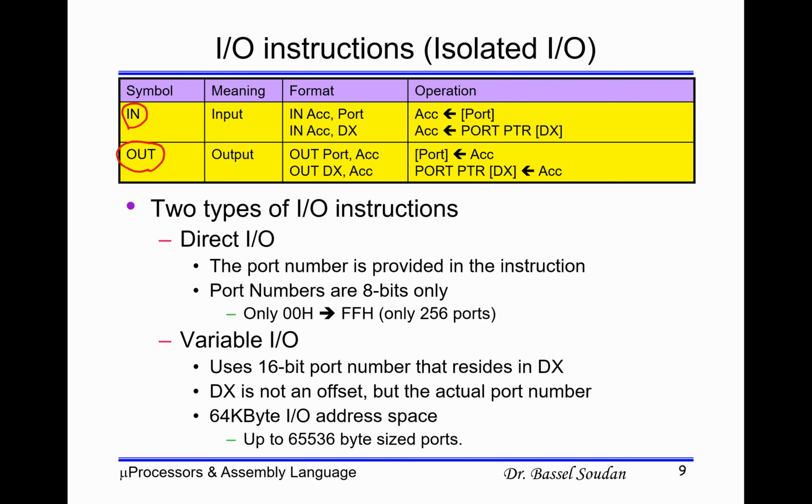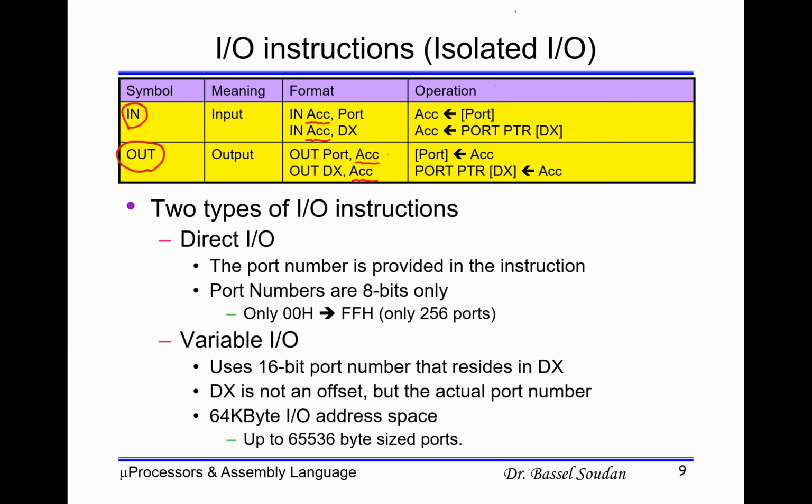This is the first thing that we want to learn. What kind of addressing modes are permissible for the input output? As you can see here, all input output should go through the accumulator. The accumulator, which is the AL register, is one major or default operand in the input and output instructions.